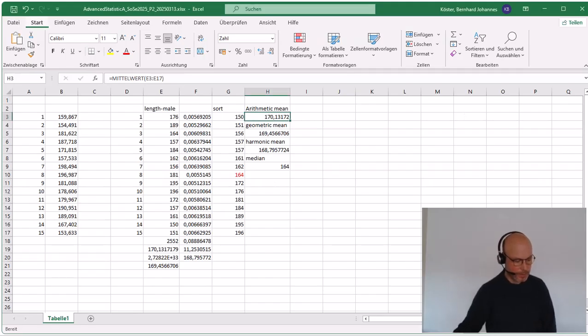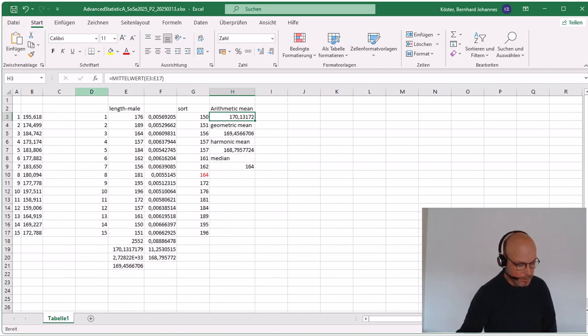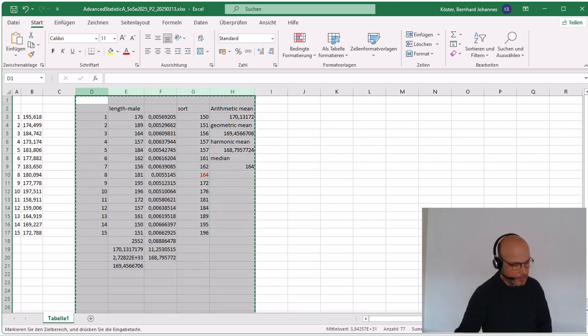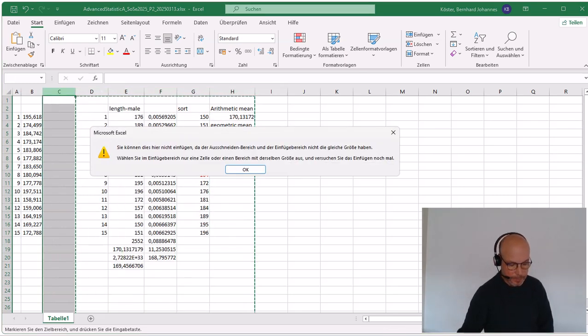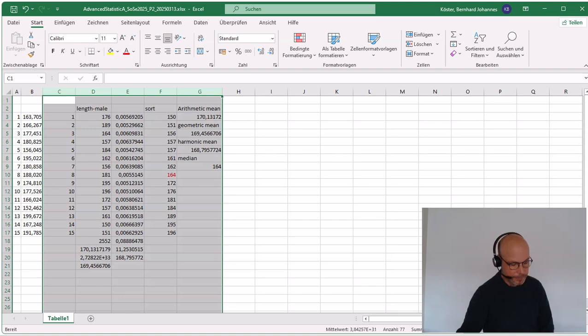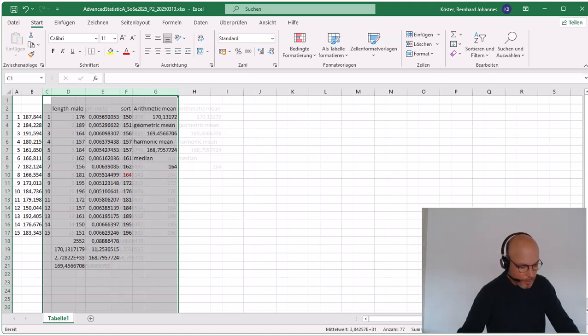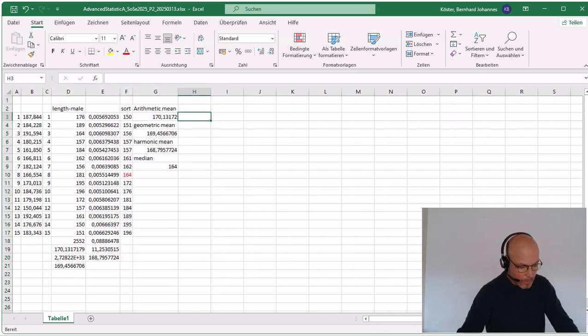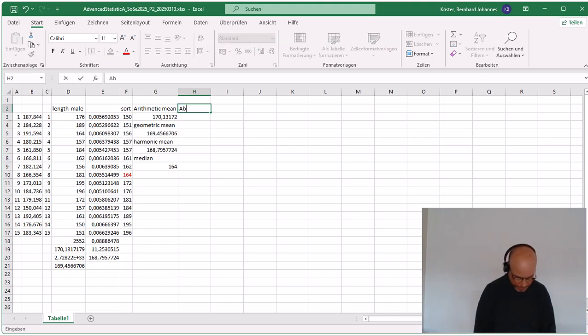So for this, we need at first the distances with respect to the arithmetic mean. So absolute distances of every single data point.